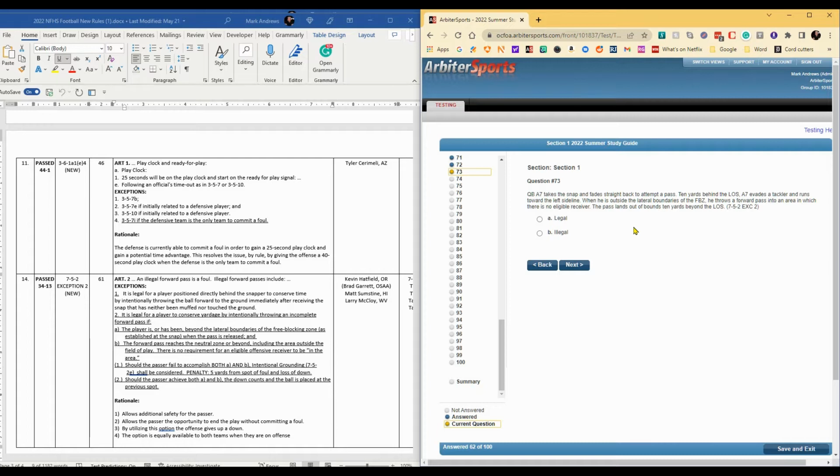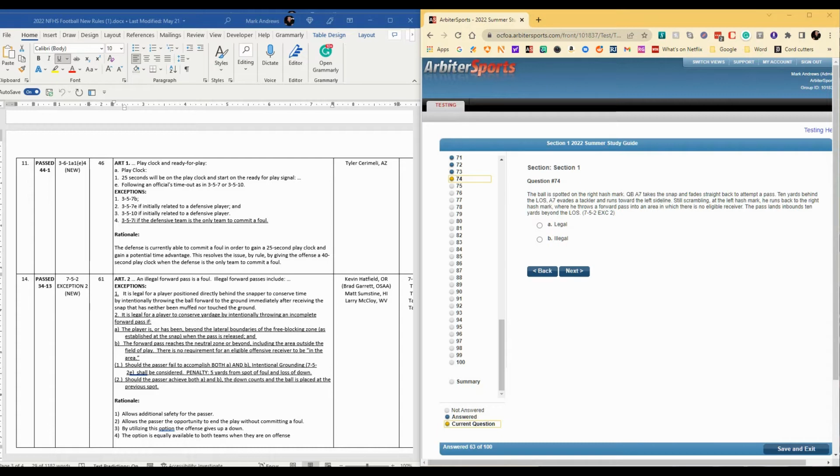The pass lands out of bounds 10 yards beyond the line of scrimmage. So B on here says the forward pass reaches the neutral zone or beyond, including the area outside the field of play. So this is okay as long as it got past the line of scrimmage, or past the neutral zone rather. We're okay. So this is legal.